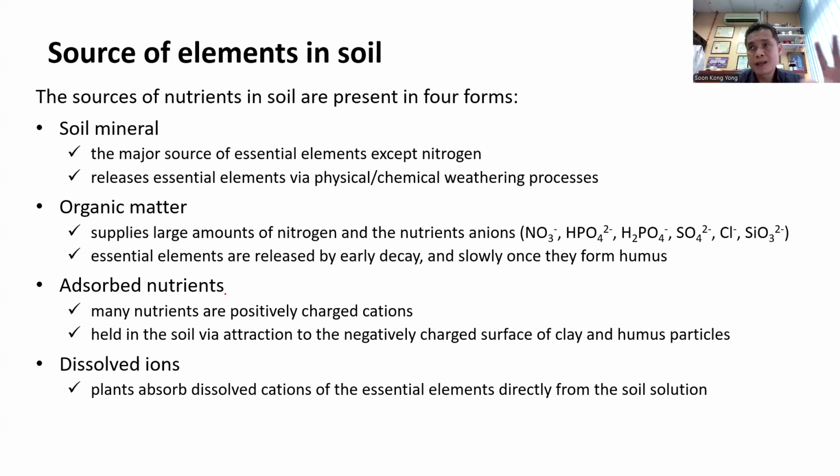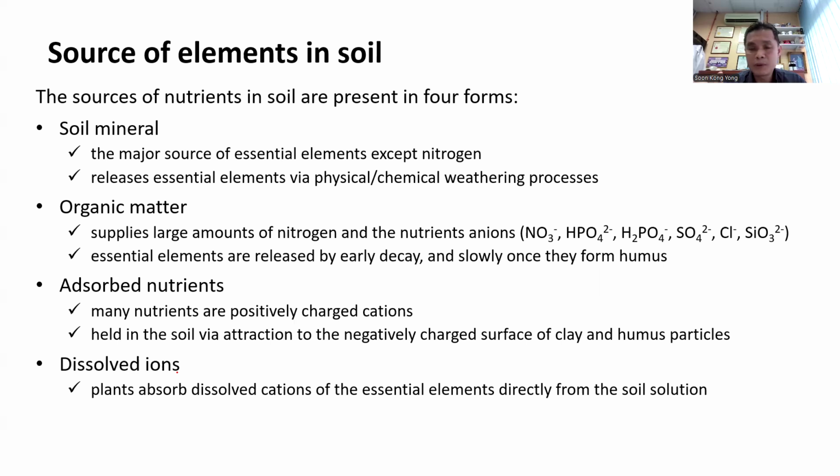Now, these nutrients, you can imagine that they are also elements in the cationic form that are attached to the surface of either the soil mineral or maybe the organic matter. Whereas the dissolved ions are still cations, but dissolved in soil solution, in soil water.